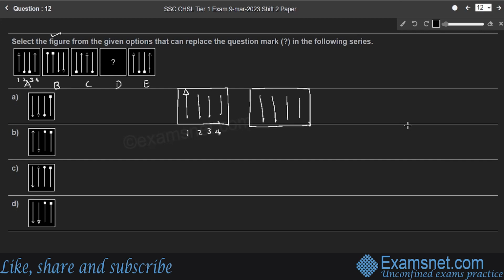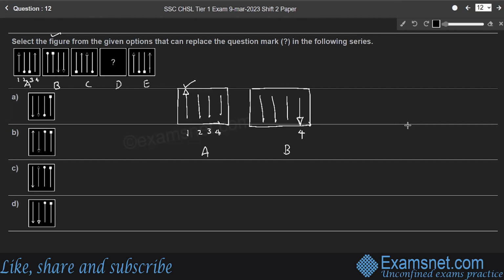The line with the triangular portion has changed position. In figure B, its position is shifting to the previous place, that means the 4th place. And the direction also is changed; this line is facing downwards.